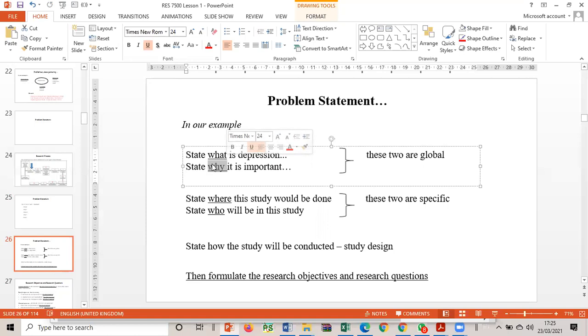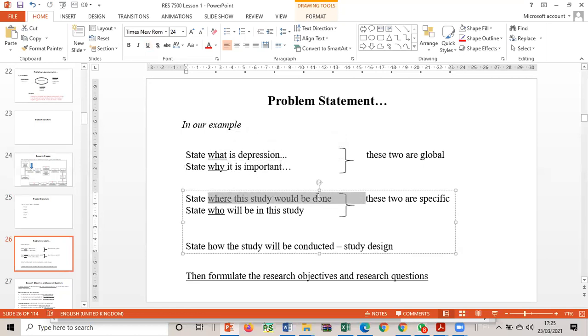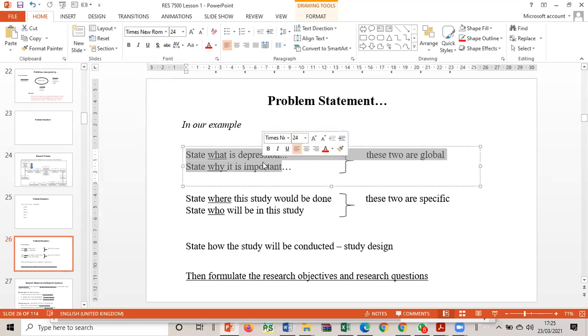Why is this area important? So what is consumer behavior and why? And where: among the airline passengers. Who: those using that particular, what do you call that? Chatbots. So these are very specific. This is very general. Now you want to see what's the gap there.